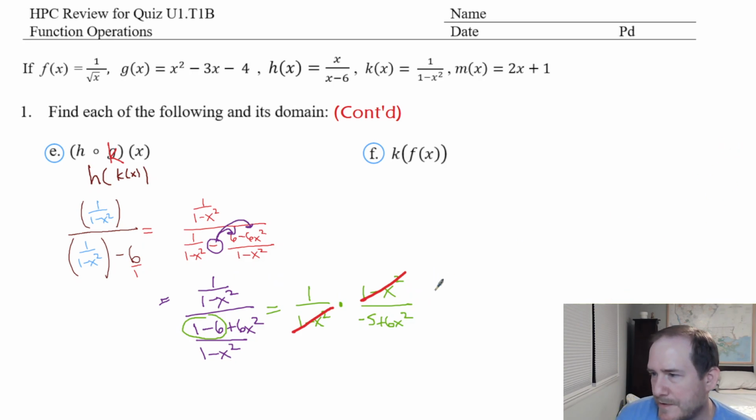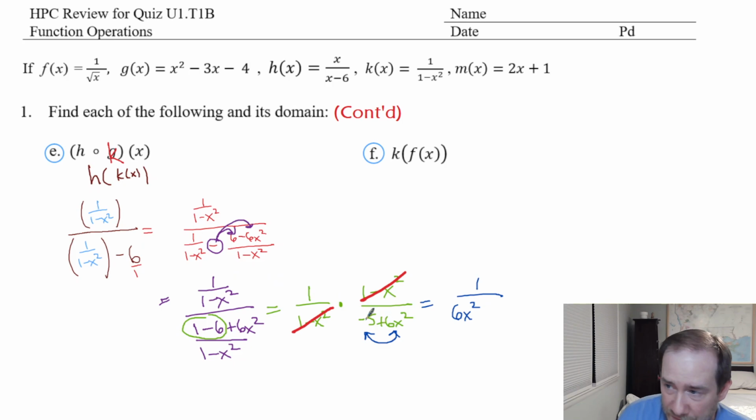So it looks to me like I'm going to land on a final answer of 1 over. Now here's where I hate this. See this leading negative sign? I don't like those. Those are bad. Especially when you can so easily just use the commutative property to switch this order around. Just let the 6x squared come first and then go, technically it's 6x squared plus negative 5. That's just 6x squared minus 5. So there.